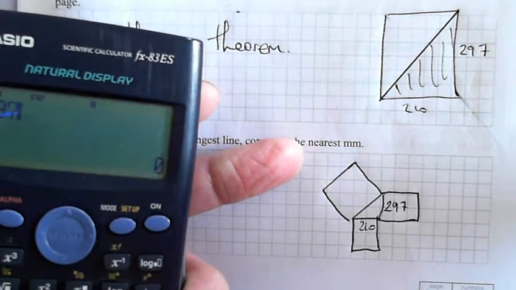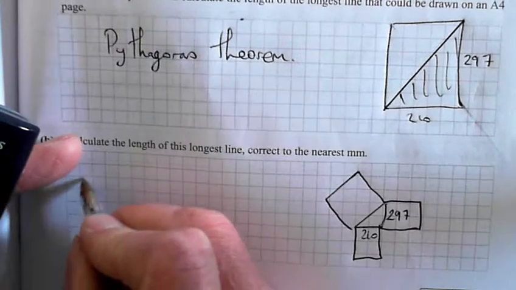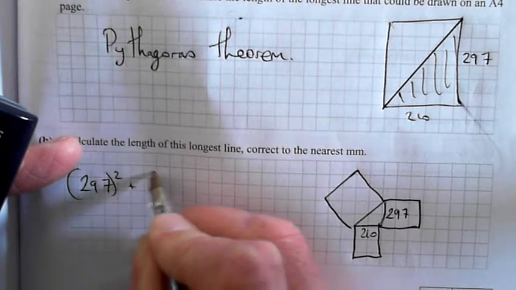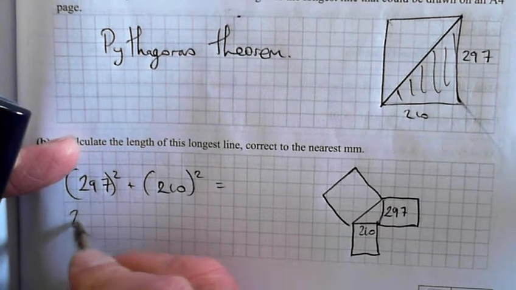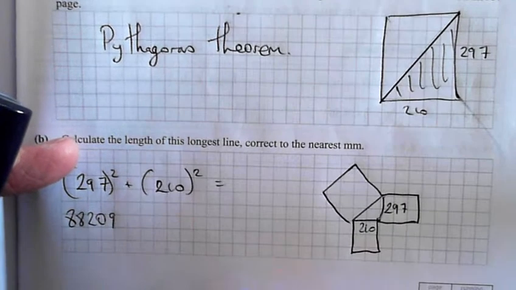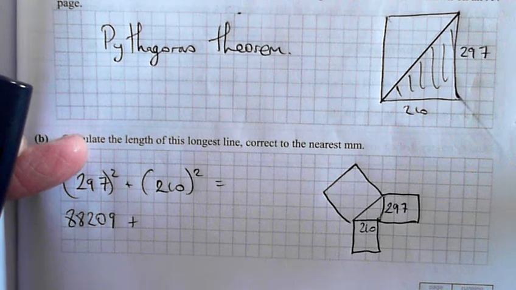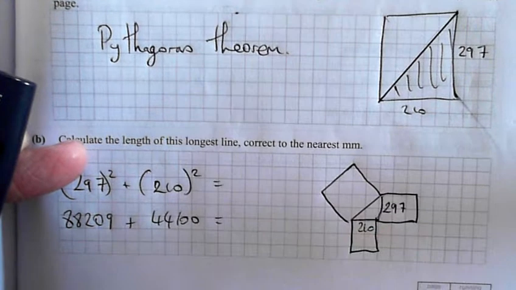So 297 squared plus 210 squared. 297 squared is 88209 plus 210 squared, 44100.